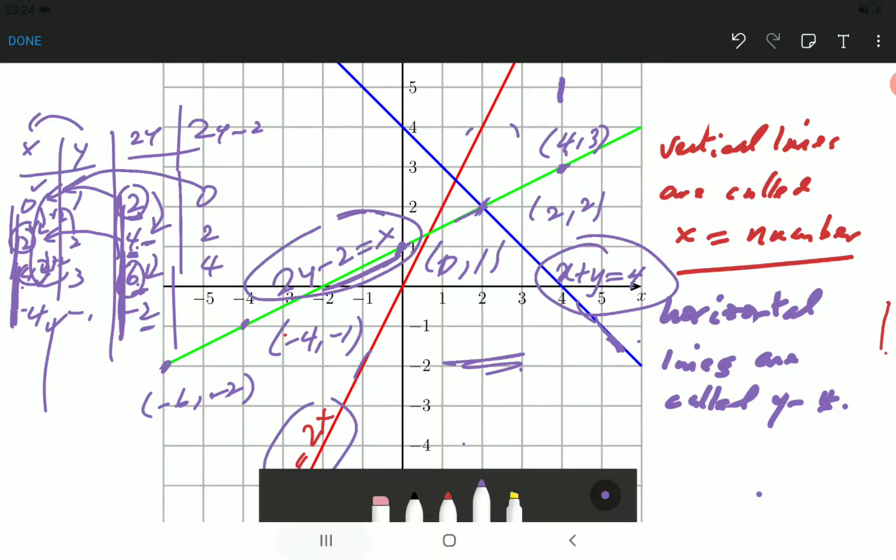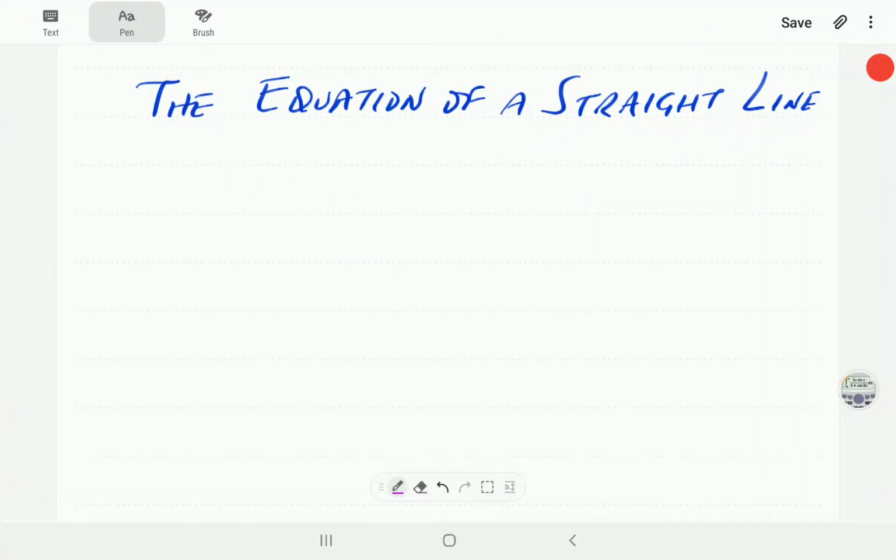Right, so if we go back to this other page, let's establish the theory then. We're going to give you 3 forms of the equation of a straight line. The first form is what is called the standard form of the equation of a straight line, and it goes like this.